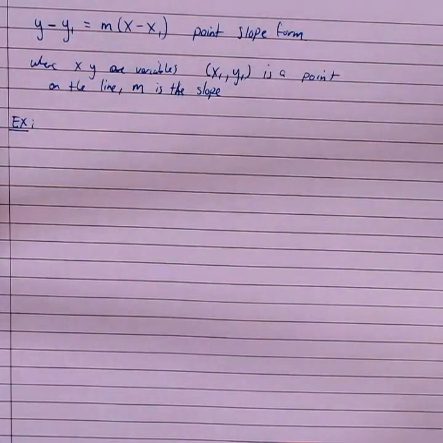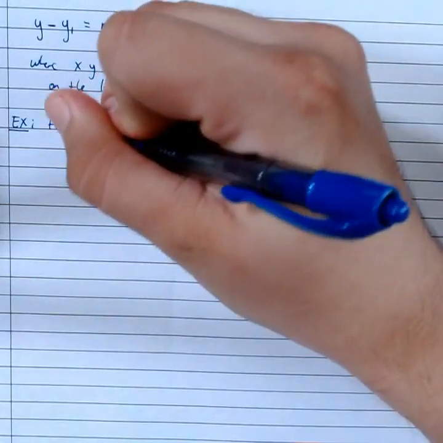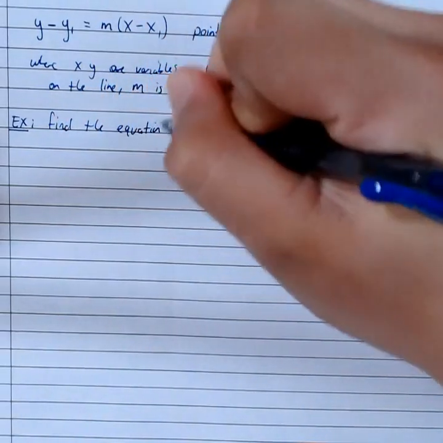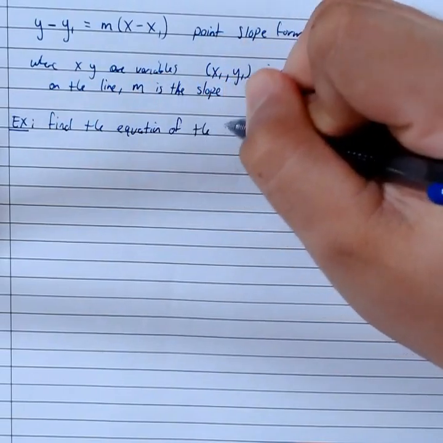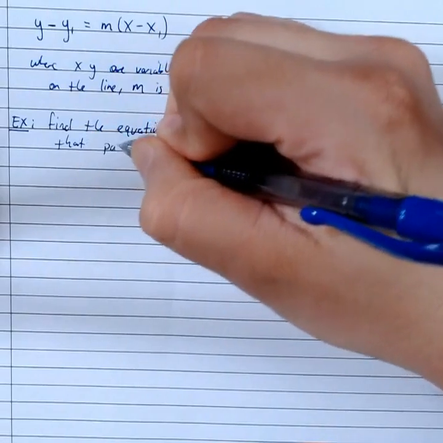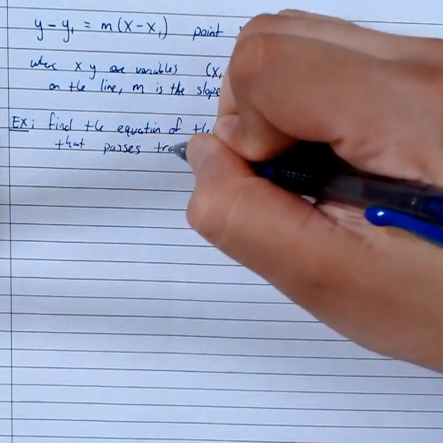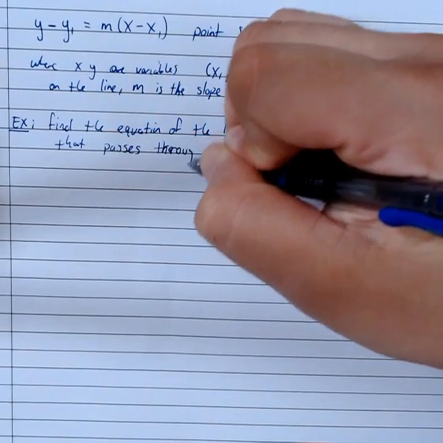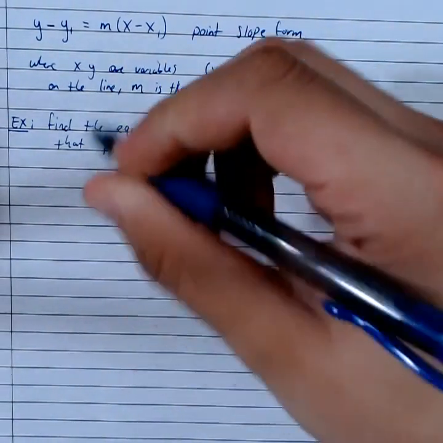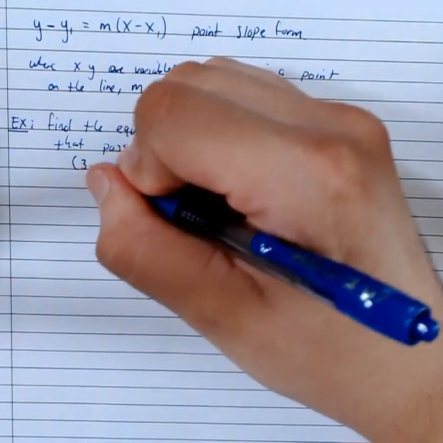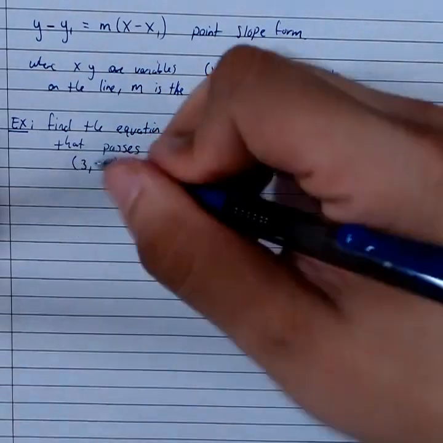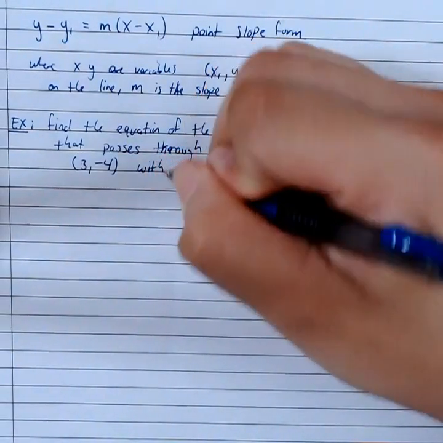Let's find the equation of the line that passes through the point, let's say the point (3, -4) with a slope of, let's say, 5.